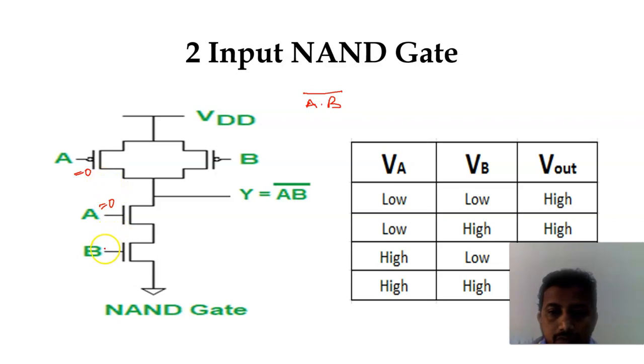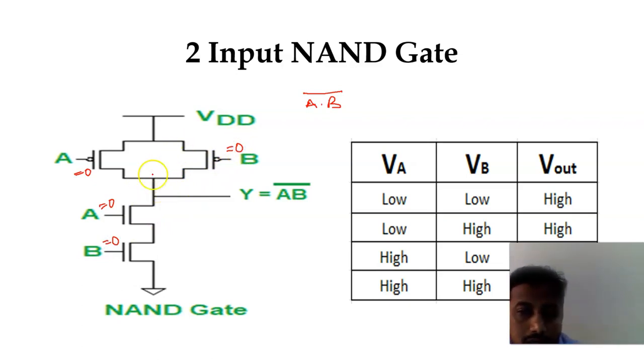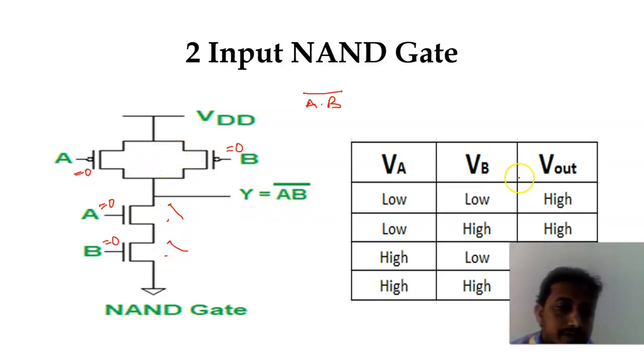Let's take the first case when both the inputs are 0, 0. When both are 0, these are off, meaning open switches, and these two are conducting, on. So output would be equal to what? High. You can see that the output is high.